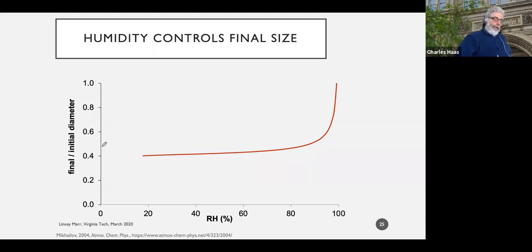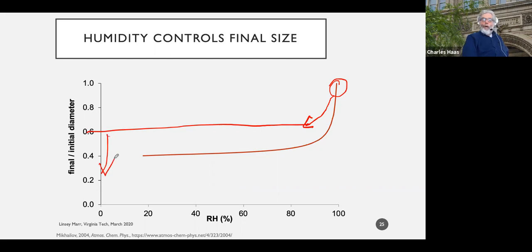The other thing to realize is that depending upon the relative humidity and the temperature, even if we start out with a coarse aerosol particle, which will effectively be emitted at 100% relative humidity because it's coming out of the upper respiratory tract, which is saturated with water, as it persists in the air, it will be exposed to a lesser relative humidity and then decrease in size.